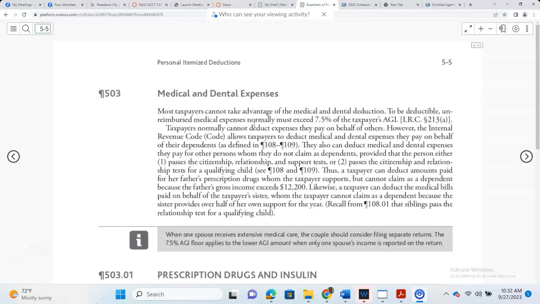Medical and dental expenses, as I said, are normally things like doctor fees, glasses, prescriptions, nothing over the counter. Implants, yes, everything dental is included.